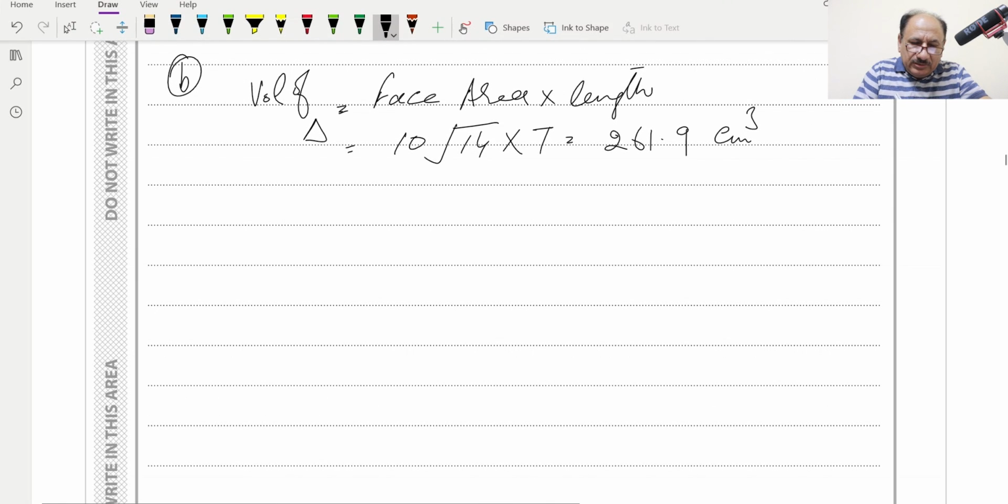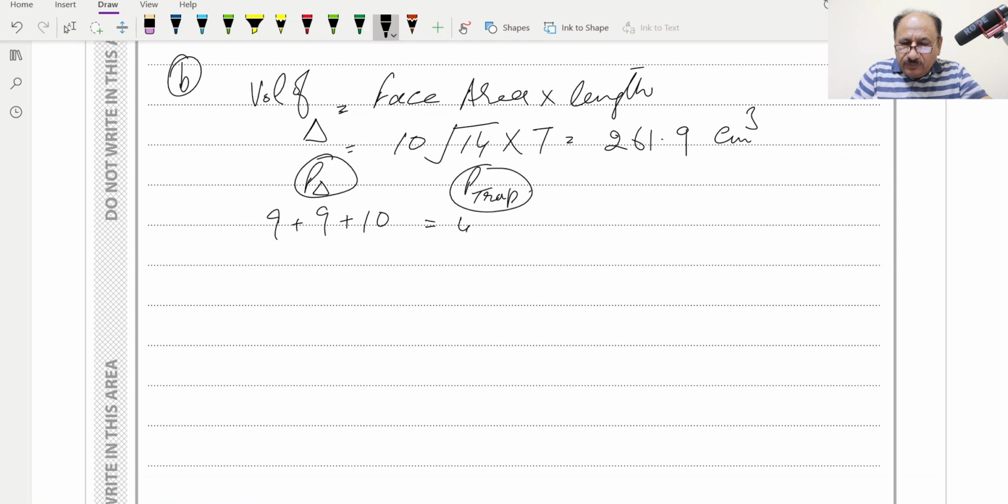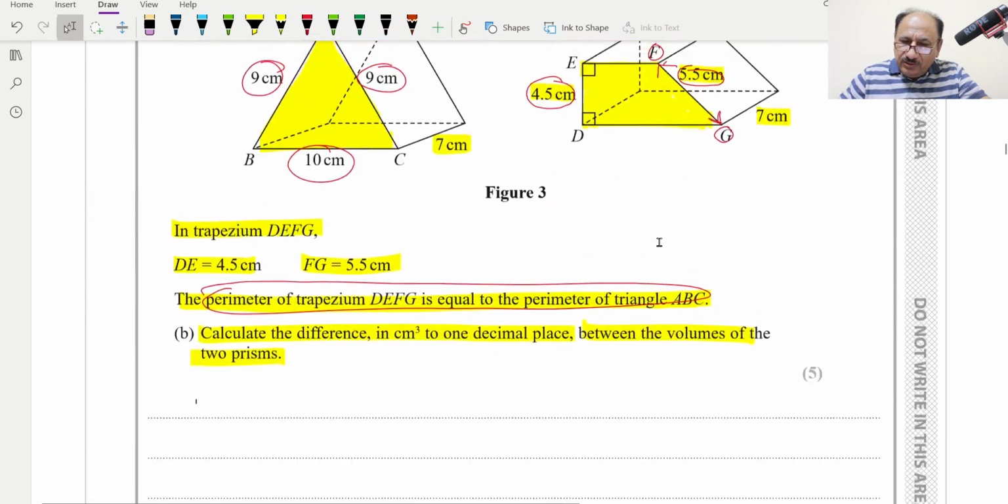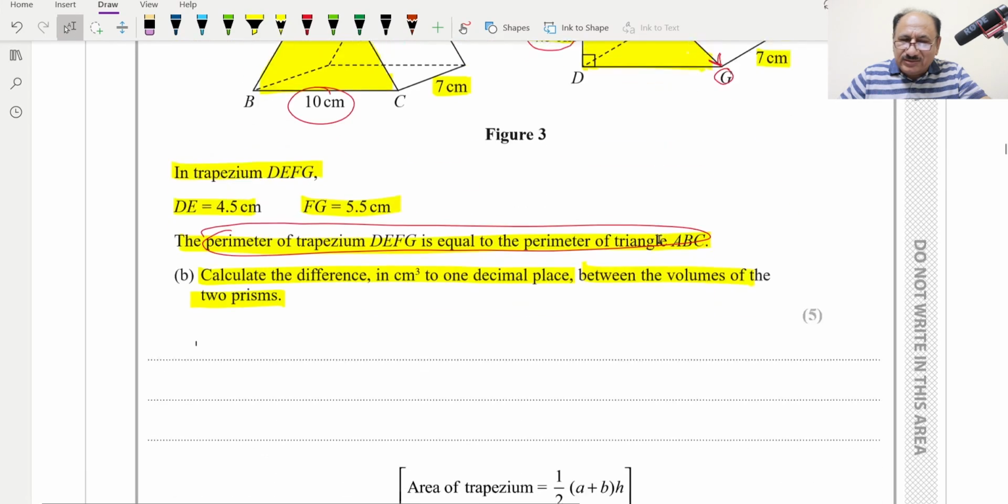The perimeter of the triangle will be equal to the perimeter of the trapezium. So this side is equal to this side, and trapezium perimeter is 4.5 plus 5.5, and 5.5 was slanting height, and plus two sides, the parallel sides A and B, EF plus DG.